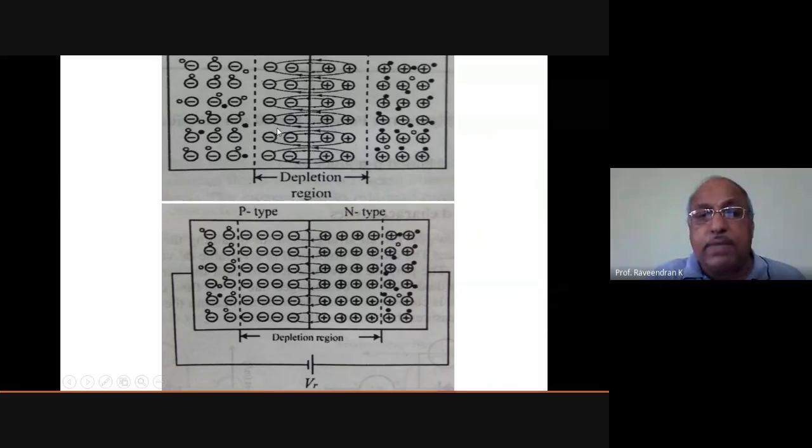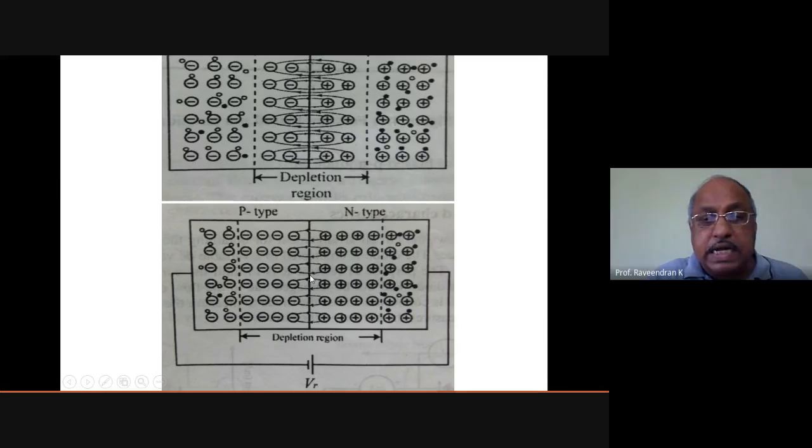Without any voltage source applied, this is the width of the region due to the recombination of electron hole pairs. But when the voltage applied to the PN junction is reversed, that is P-type connected to the negative polarity and N-type connected to the positive polarity, that is what is called the reverse bias. At this condition, the depletion region at the PN junction will be getting widened further due to the reason I have just explained.